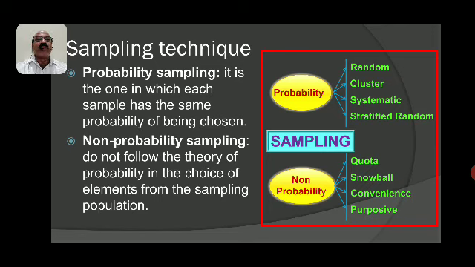So it is discretionary, subjective to the researcher. The types of probability sampling are random, cluster, systematic, and stratified random. In non-probability, we have quota sampling, snowball sampling, convenience sampling, and purposive sampling.